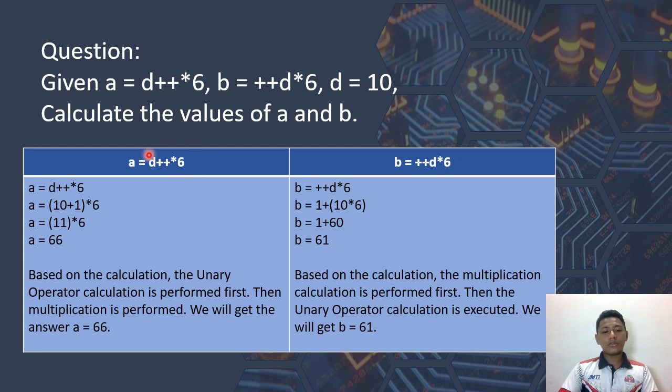In the process of D++ times 6, we will first prioritize the multiplication, then we use the unary increment. Meanwhile, in ++D, we will prioritize the unary increment, then the multiplication. So, be wary of the questions.